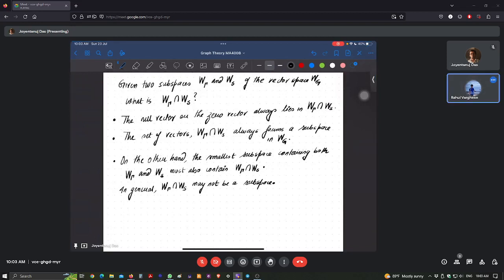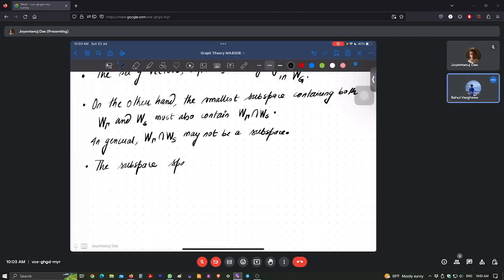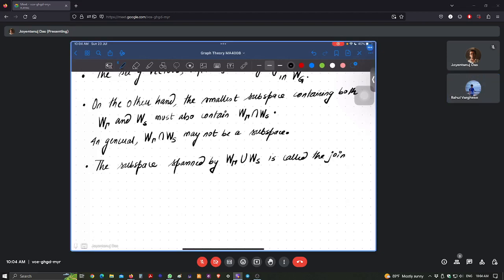So the next point is, the subspace that is spanned by the union of two subspaces, that is W1 union W2, is called the join of W1 and W2.